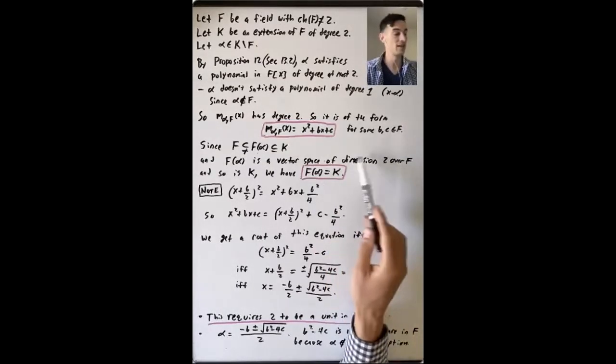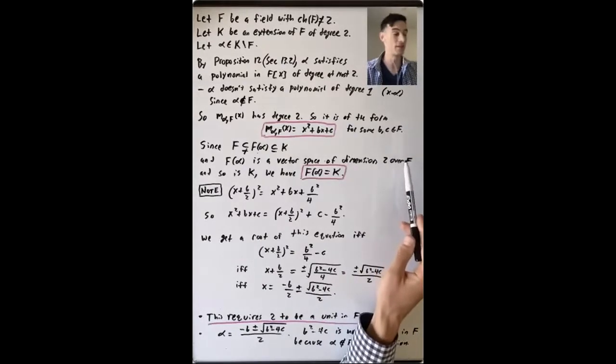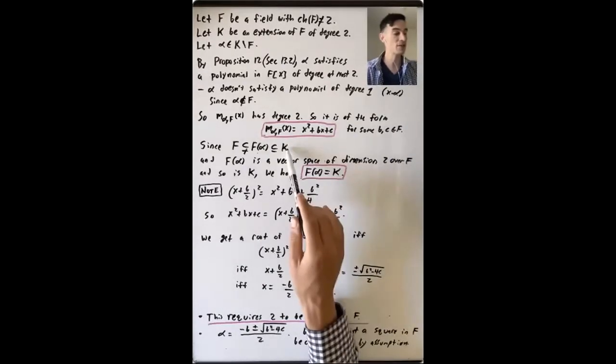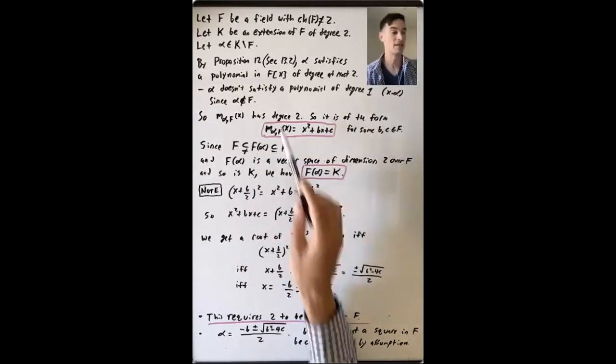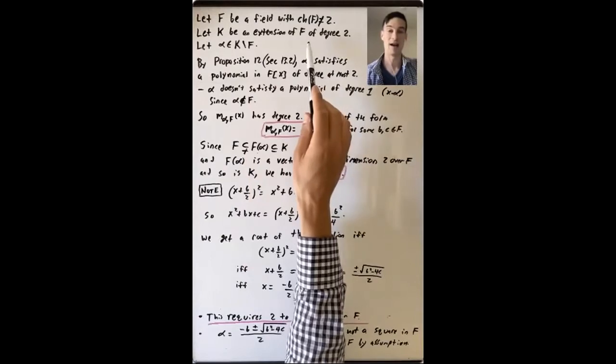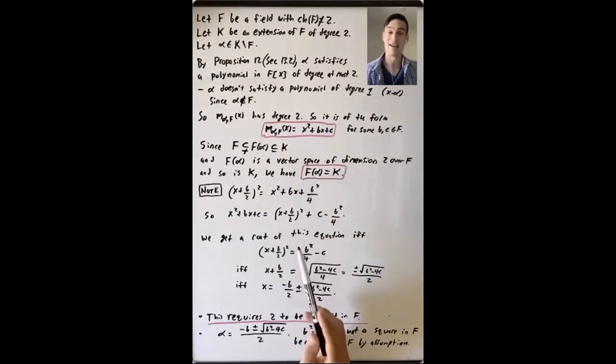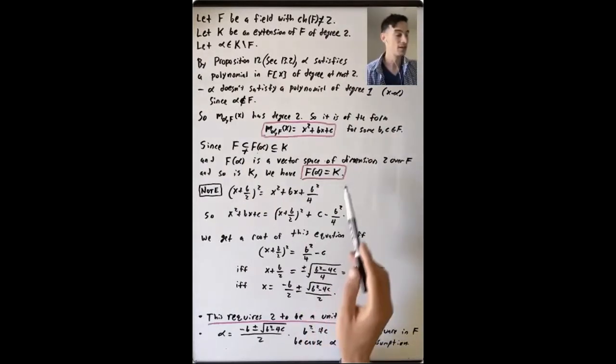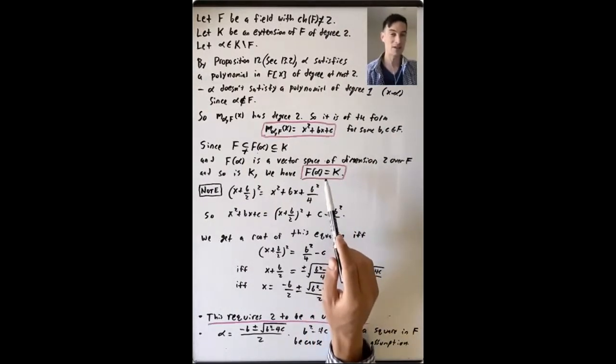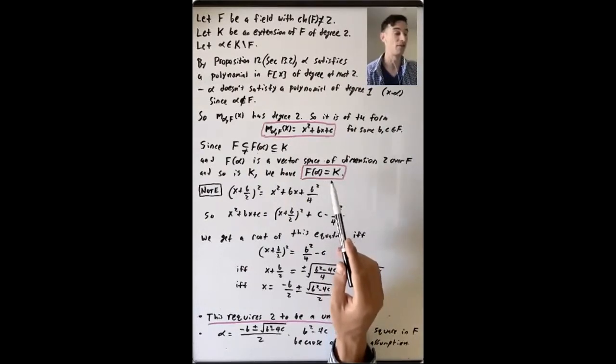So that's the dimension of F adjoin alpha as a vector space over F. And we also know that K is a vector space over F of dimension 2, because we started with the assumption that K was an extension of F of degree 2, which is the dimension of K as a vector space over F. So if you have a vector space over a field of dimension 2, it only has one subspace of dimension 2, which is the whole vector space itself.